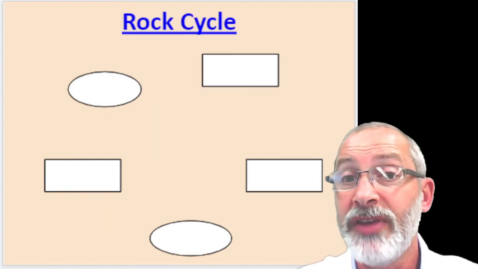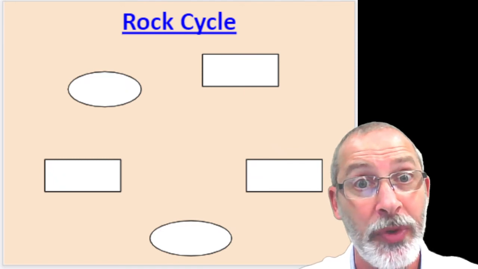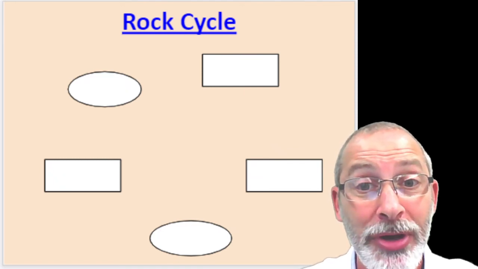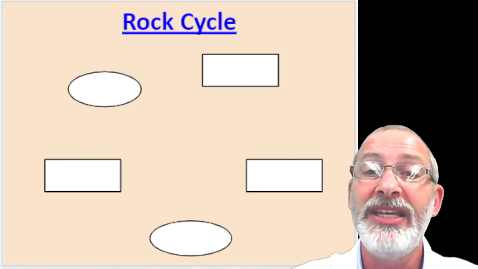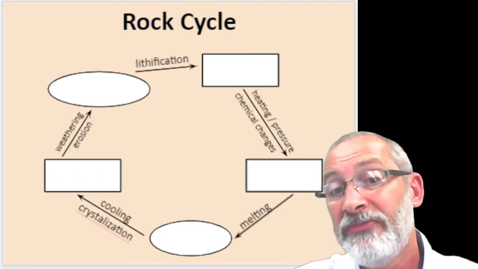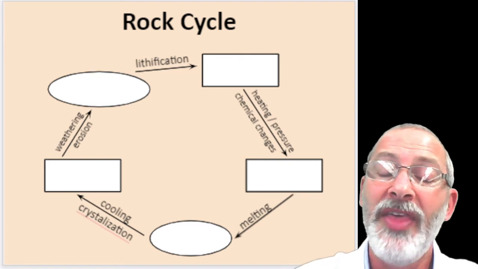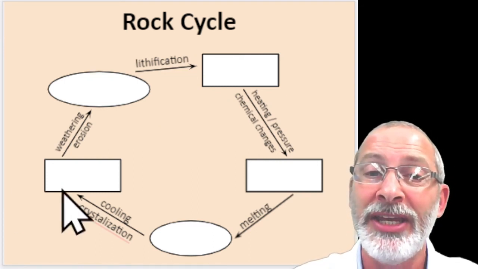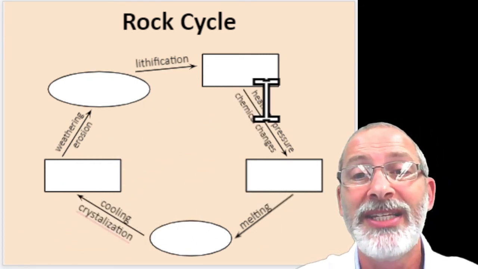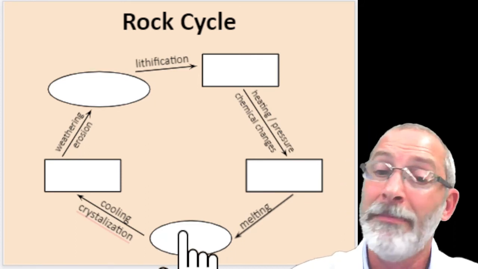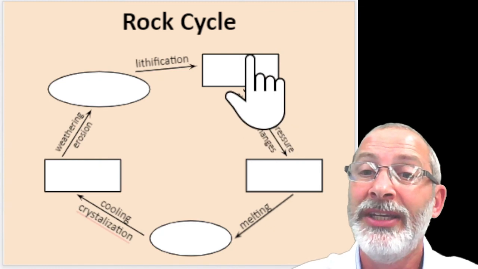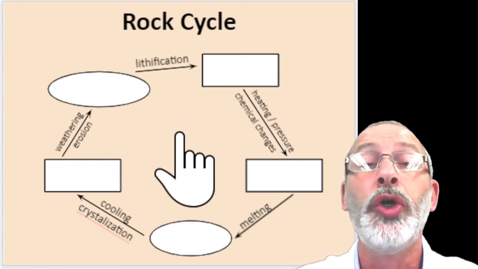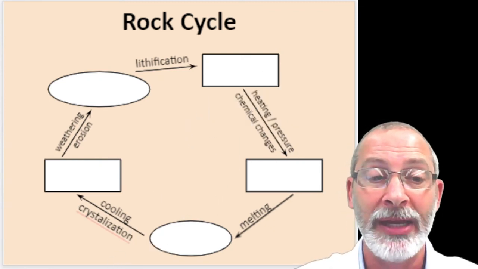And so, if I were to give you a diagram like this, or if you started with a blank diagram like this in your book, you should be able to fill in the outer rim first, and then be able to fill in the processes that take place, the magma and the lava and the sediments, and then fill in the rock groups, the three main rock groups.